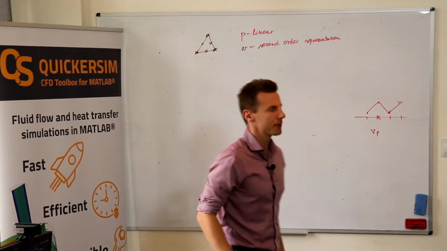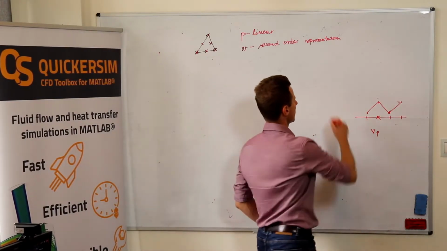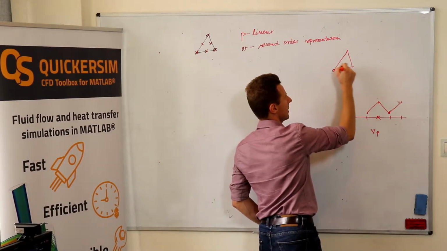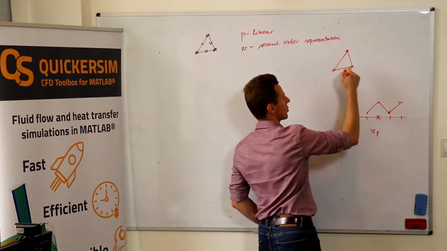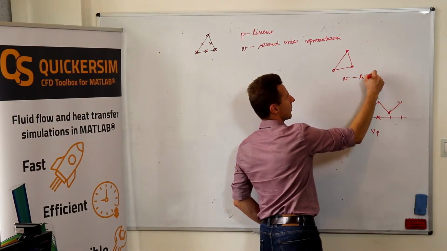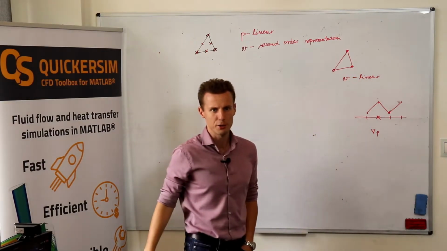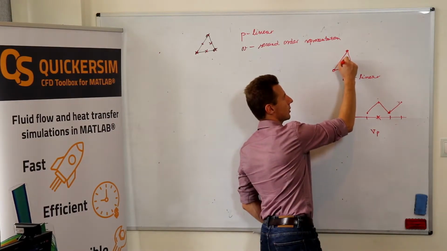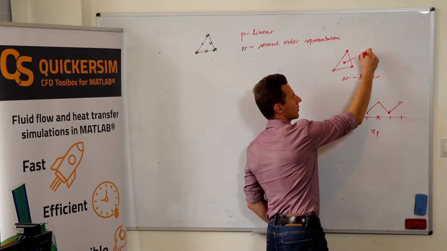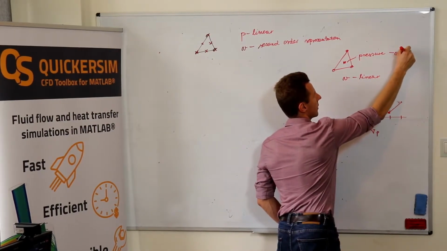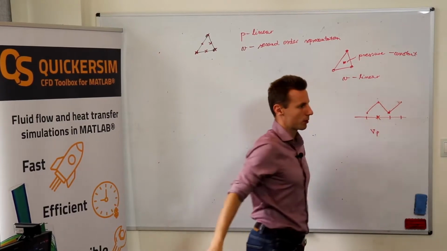I think the other choice, but very academic, and you would need to check that because I'm not sure, is that for velocity you can use linear shape functions, but then you need to have pressure which is constant across the element.